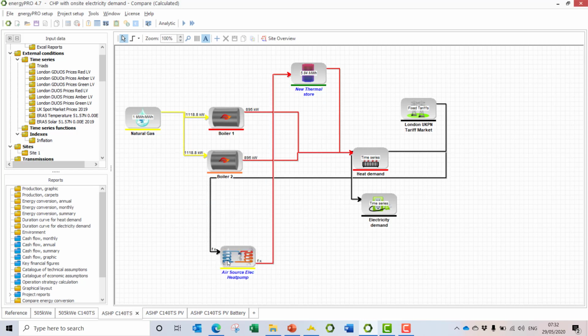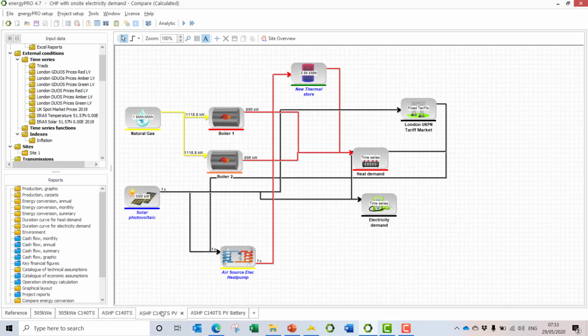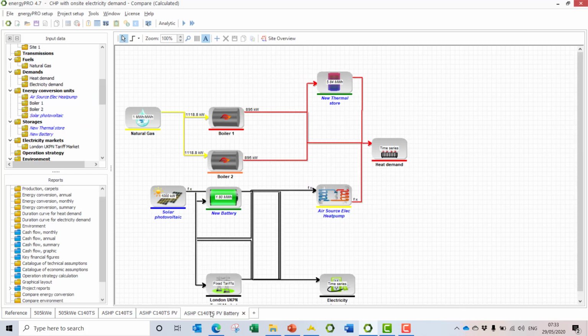Here you can see I've added an air source heat pump instead of a CHP, together with a thermal store. And here you can see I've added solar PV together with the air source heat pump and the store. And finally I've added a battery alongside the solar PV, the air source heat pump and thermal store.